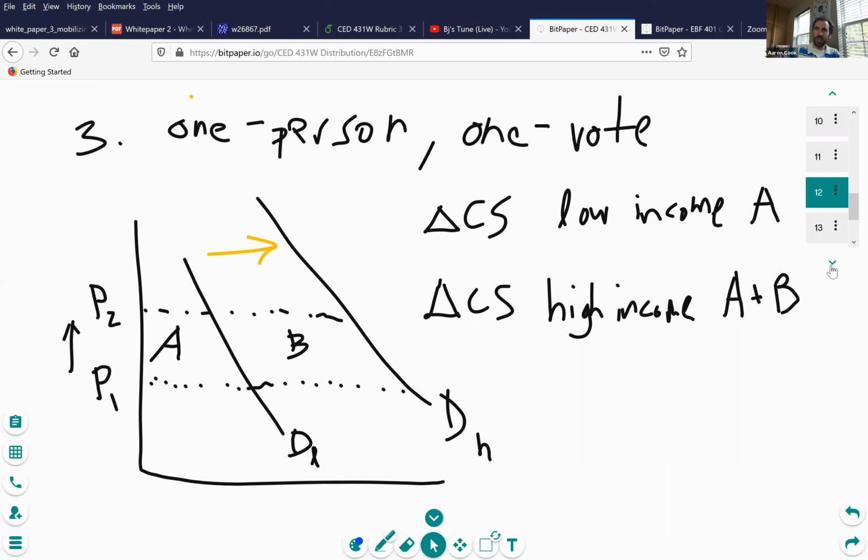We want to treat those amounts the same way. And so we describe that very simply with an example of high-income individuals with higher demand for a certain good because of their income, and low-income individuals with a lower quantity demanded at a given price because their income is lower.